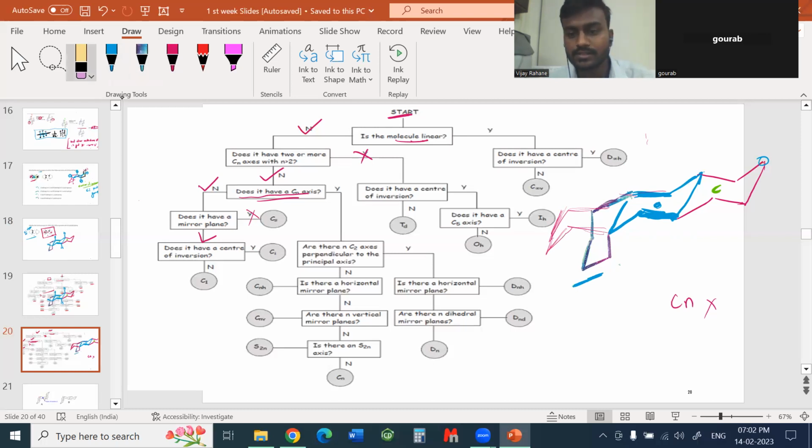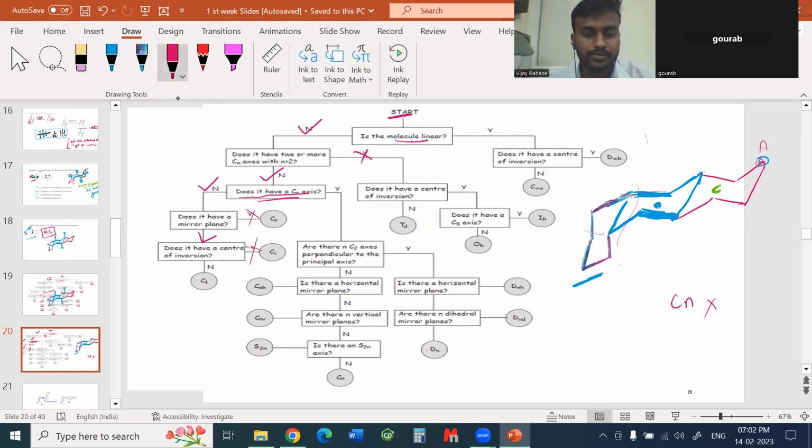This ring is opposite to this ring, but it doesn't have an opposite center at equal distance on the opposite side. So it is not present in this molecule. In short, it doesn't have the center of inversion.